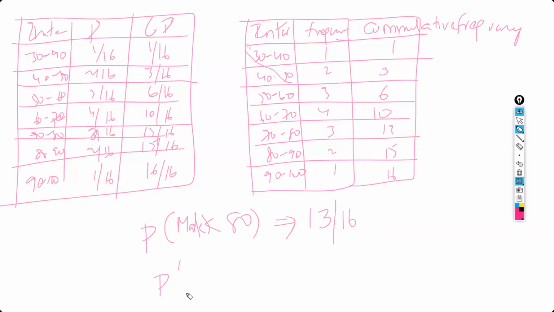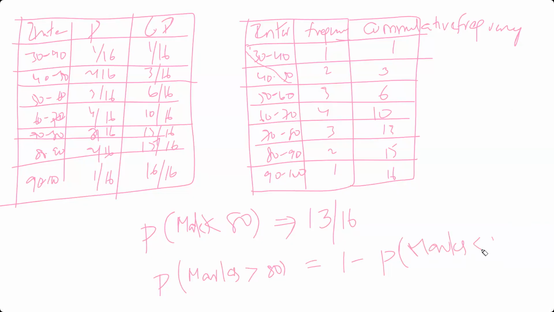Now I am asking the question, what is the probability of marks greater than 80? Greater than 80 means simply 1 minus the probability of marks less than 80. Whenever they ask the question greater than, you have to take 1 minus less than, because less than always gives the cumulative probability. In the cumulative probability, every time it is minimum to that value.